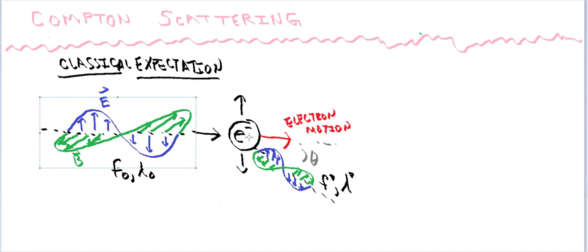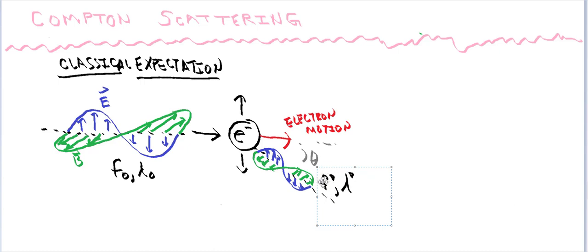Classically, you expect it to provide energy that could send the electron jostling forwards, and it will scatter the electromagnetic wave so that if it had some initial frequency and wavelength f naught, lambda naught, it scatters at some angle theta with some new frequency and wavelength f prime and lambda prime that, owed to statistical mechanics, could take on effectively an incredibly wide range of values.